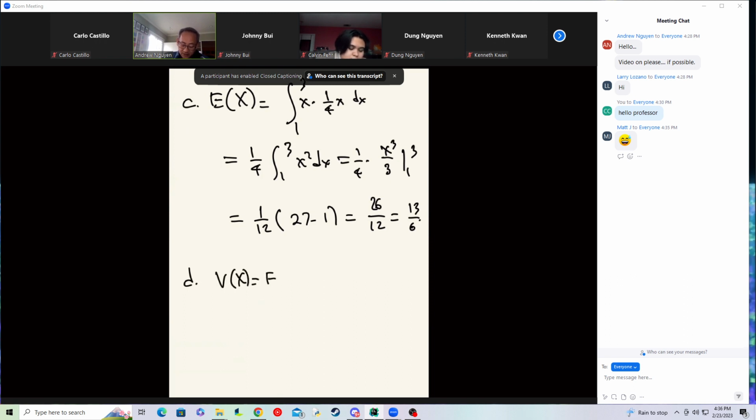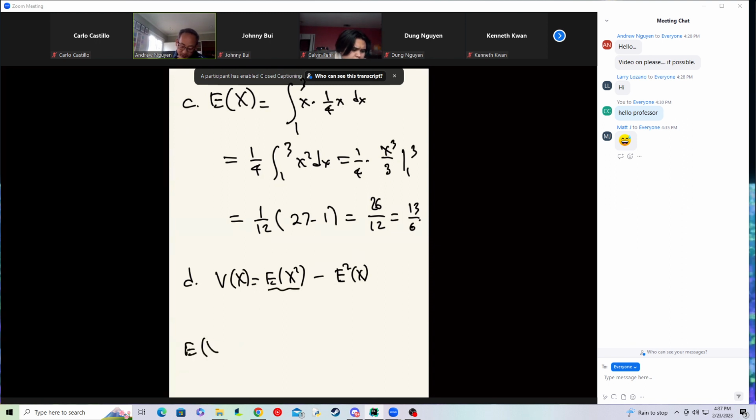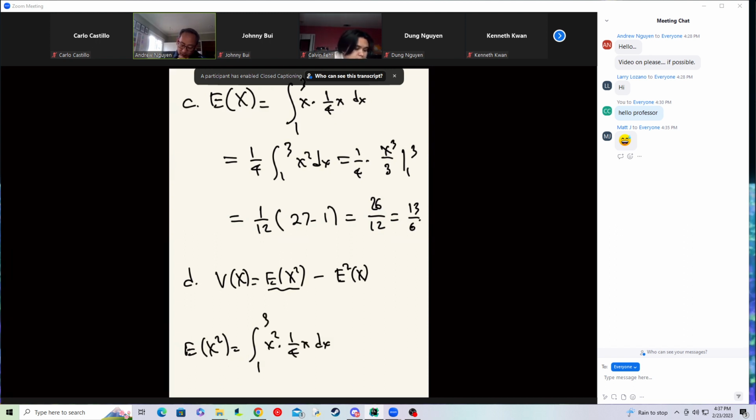Variance is E[X squared] minus the square of E[X]. So I need to know what E[X squared] is. I set up the integral as x squared times 1/4 x dx from 1 to 3.